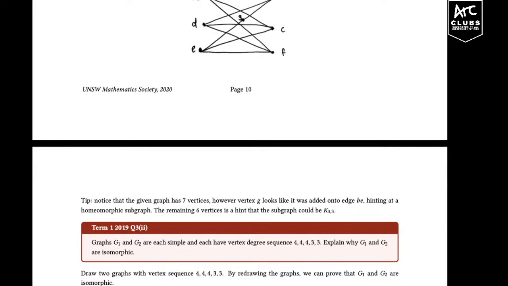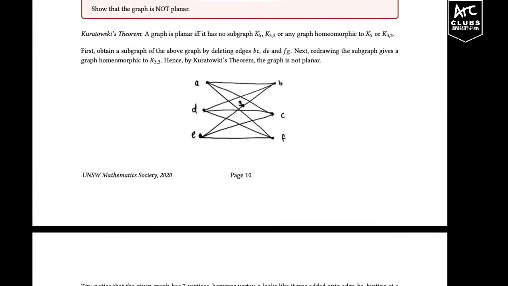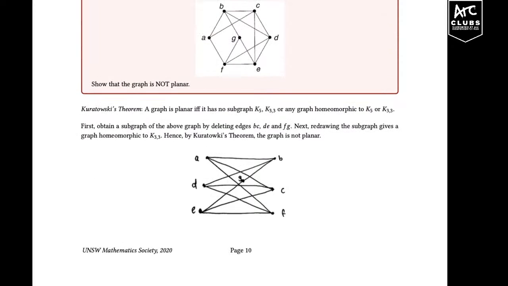Because of vertex G, that does hint at a homeomorphic subgraph, and that means the remaining 6 vertices would hint that the subgraph could be K3,3, because your complete bipartite graph has 6 vertices. It's little things like this to notice when you answer these questions, and it would help put you on the right track in deciding what to do from there.